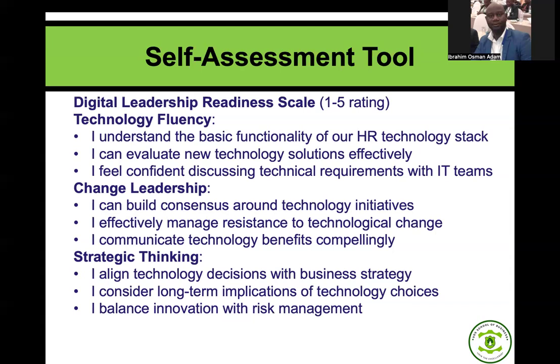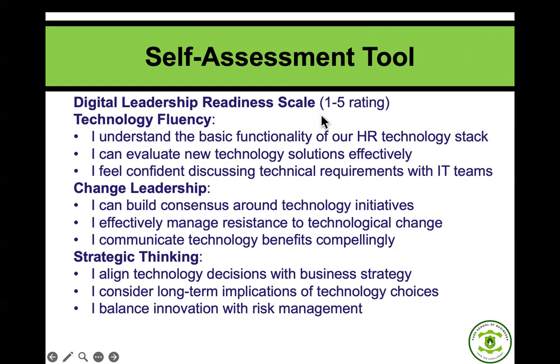Where you have scored the highest means that you are ready or you are conversant with the things you have chosen. All right. So we can use this to be able to determine whether a leader is digitally ready to be able to embark on a particular leadership role to lead the implementation of maybe an HR technology or some other kind of technology. Okay.